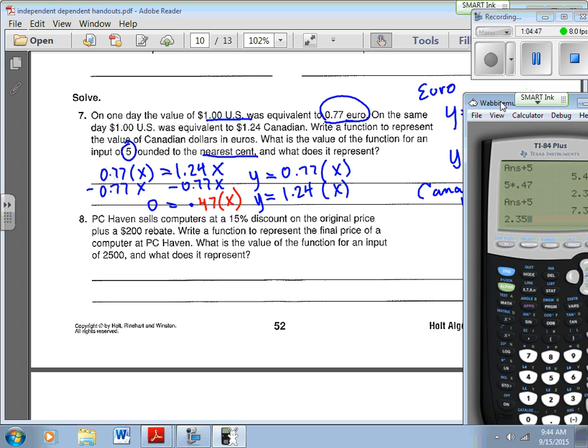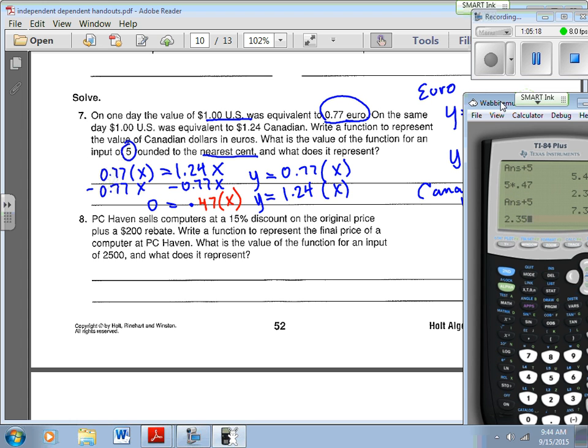Because a dollar in the U.S. would give you more in Canada because it's worth more there, and a Canadian dollar is worth less. So it would have to go up to get to the U.S., because the U.S. is worth more, not more than Europe. And then Europe is the same thing backwards. If you went to Europe, their money is worth more than the U.S. So our money is worth less, so when we go there, we only get 77 cents per dollar.